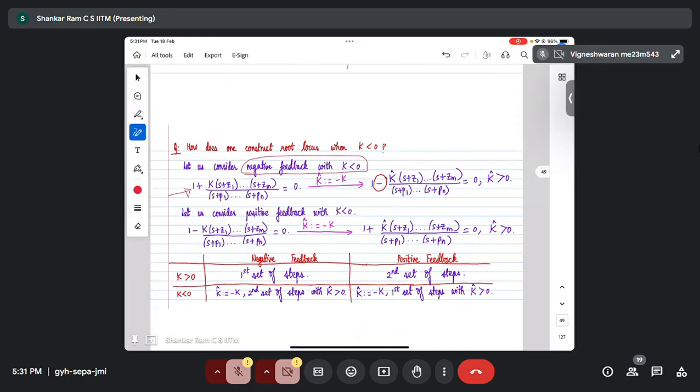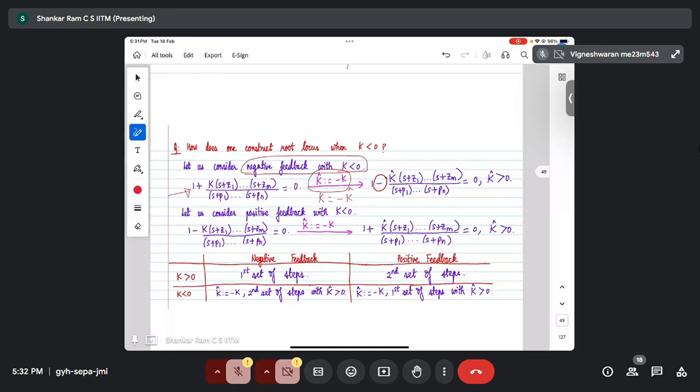Now we do a very simple change of parameters. We define a parameter K hat, which is minus K. So K becomes equal to minus K hat.